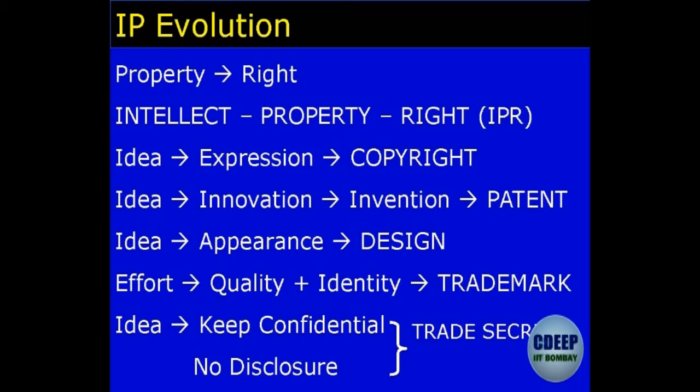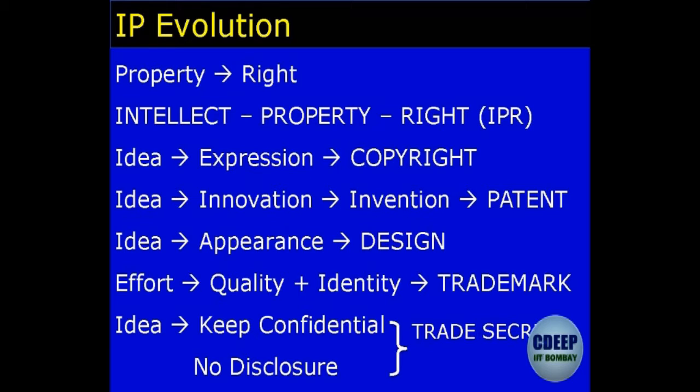Like if I have some creative idea, the expression of that creative idea can be protected by copyright. If I have some technical concept, I need to make some invention out of that, and that invention gets protection through patent right. Similarly, the aesthetic appearance of an article or device can be protected by design right.